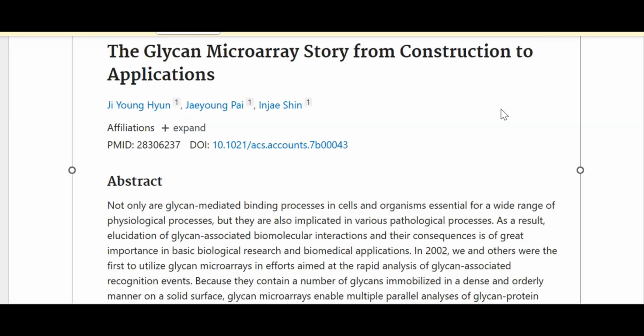Because the last word here is glycan protein, right? So a specific type of protein, and proteins which are associated in certain biomolecular interactions, that also can be analyzed using microarray techniques. So it is not only about DNA, it can be mRNA, it can be protein, and so on.